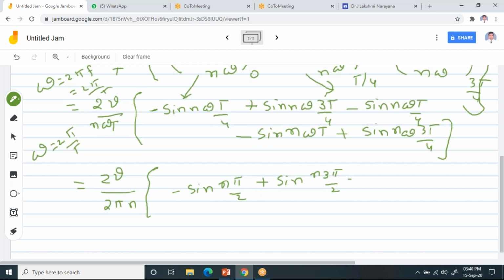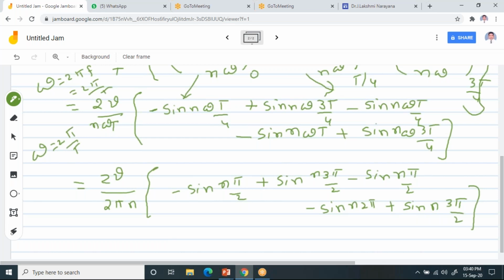And for this again, which is minus sine n pi by 2, and omega T you can write as 2 pi, this you can write as minus sine n 2 pi. And for this again, sine n 3 pi by 2. Now observe it, minus sine n pi by 2 minus sine n pi by 2, you can write as minus 2 sine n pi by 2, since both are same terms.